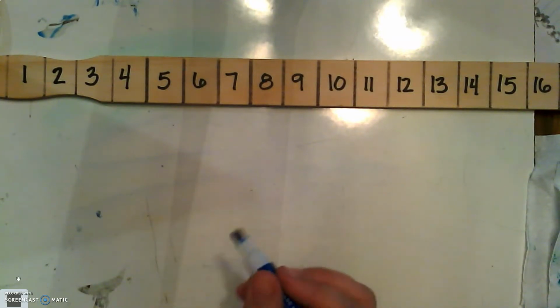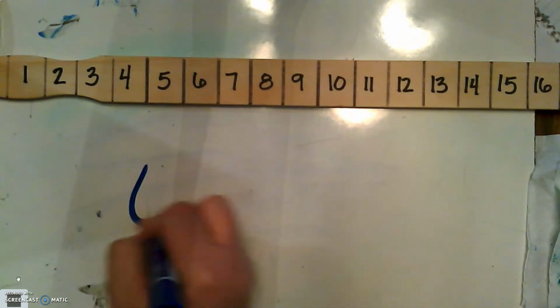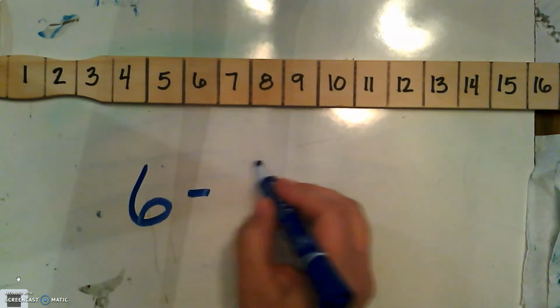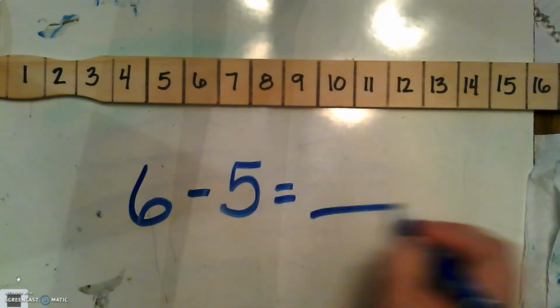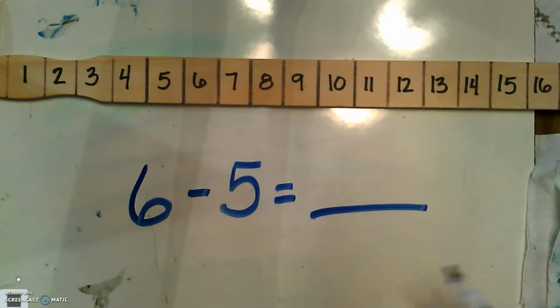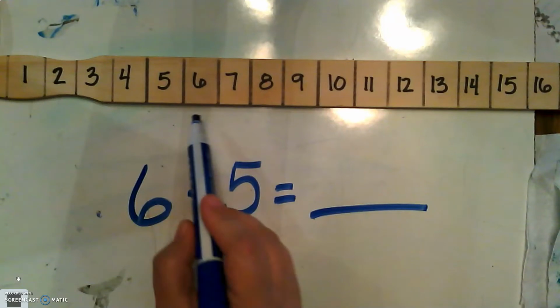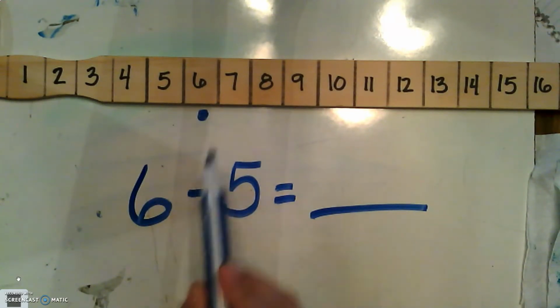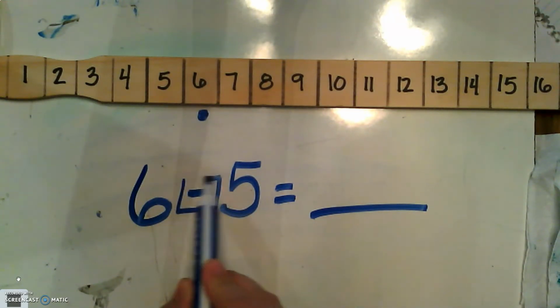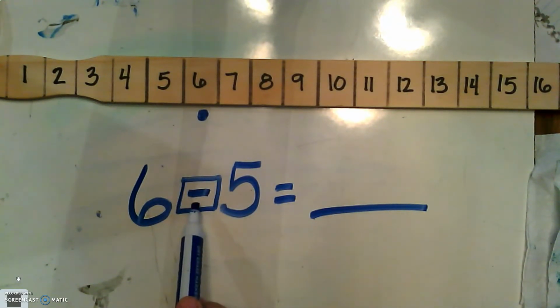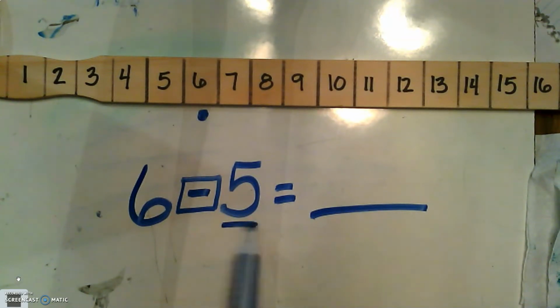Here comes our next one. 6 minus 5 equals blank. So we're starting with how many? We're starting with 6, so we'll start at 6. And then what do we need to do? We need to subtract or take away how many?